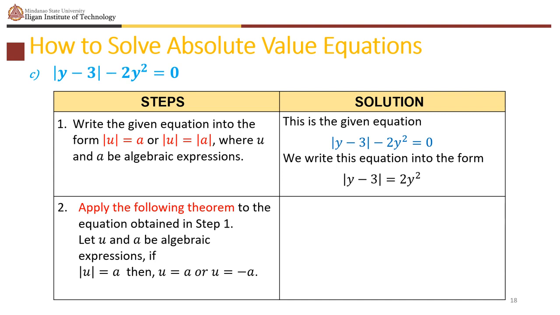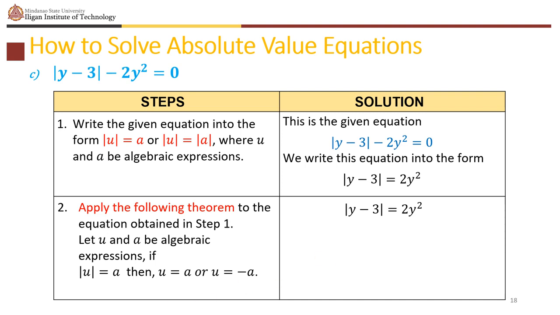So we now apply the following theorem to the equation, that is, absolute value of u is equal to a, then u is equal to a, or u equals minus a. So from there, we now have the following, that is, absolute value of y minus 3 equals 2y squared.